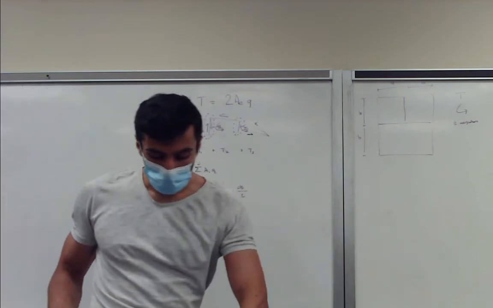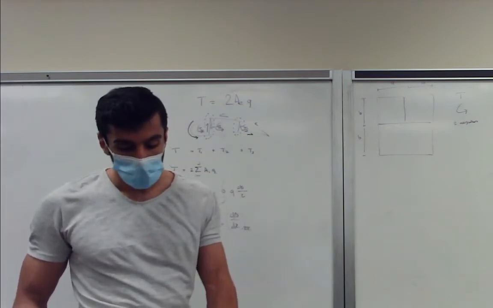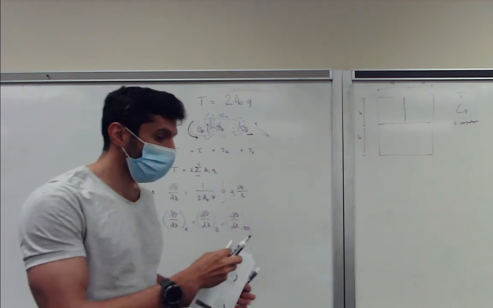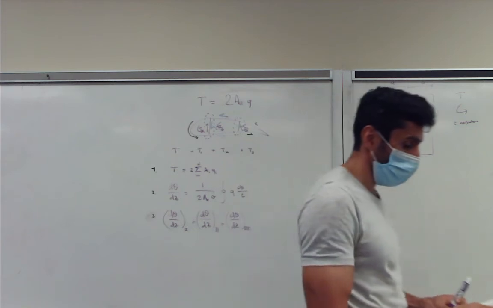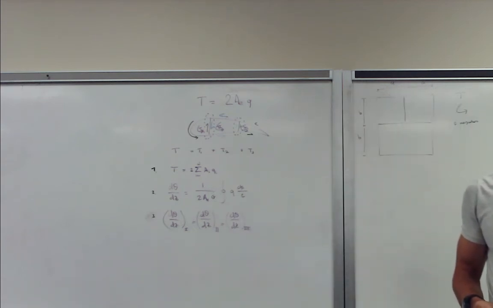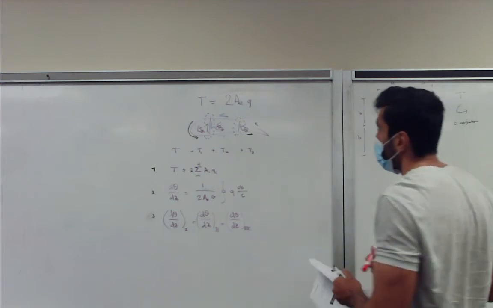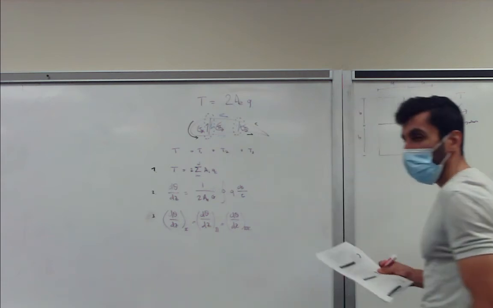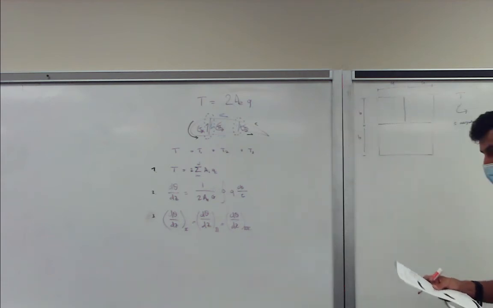So first of all, the best thing to do is to draw all the different shear flows into each cell. Let's draw the shear flows, and it doesn't matter which cell you start with, as long as you remain consistent.